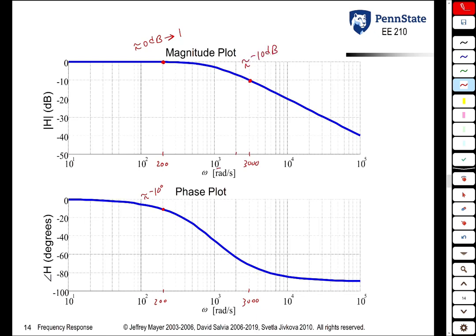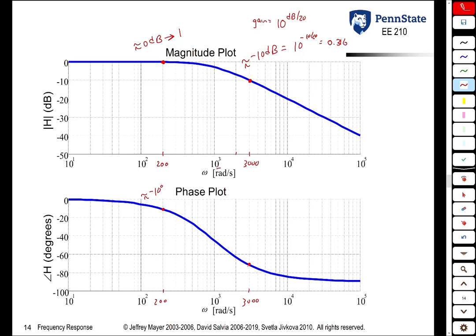So the magnitude plot is approximately minus 10 dB. And if you remember, the relationship between gain in dB is the gain is equal to 10 to the dB gain divided by 20. So this is now 10 to the minus 10 over 20, or 0.316.